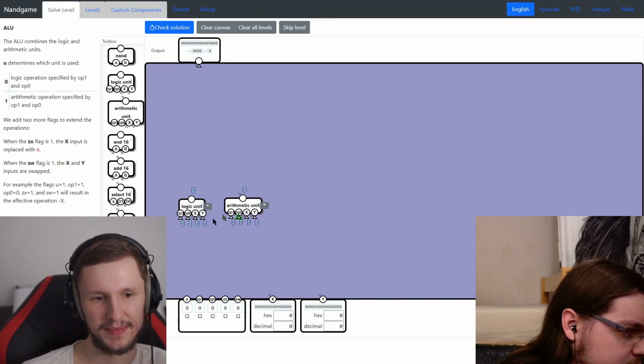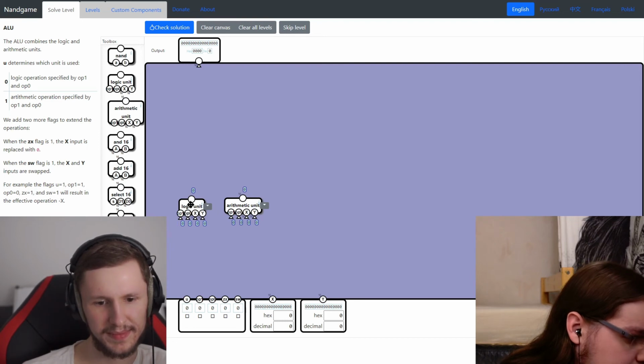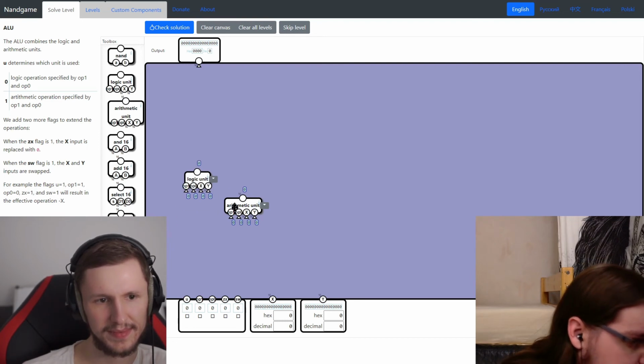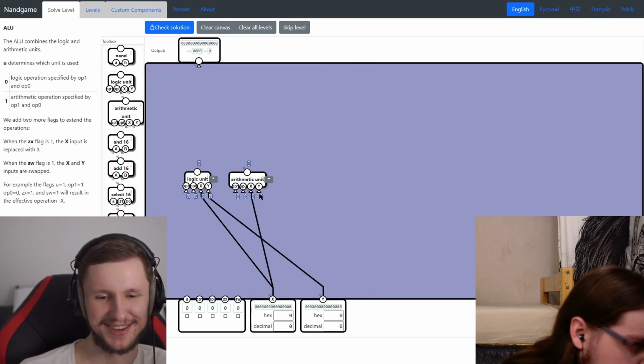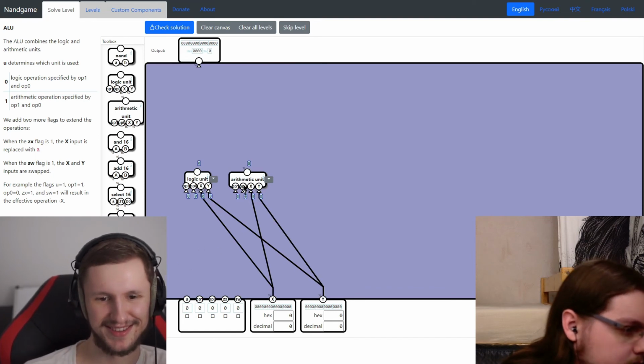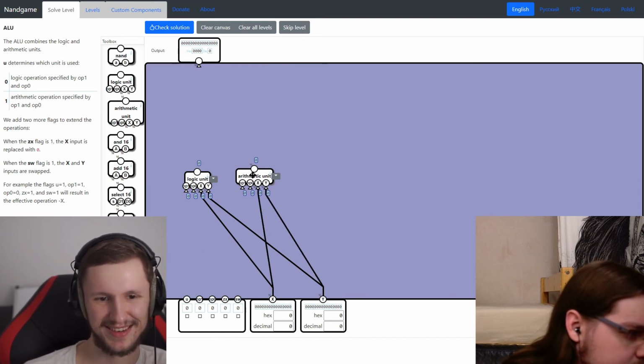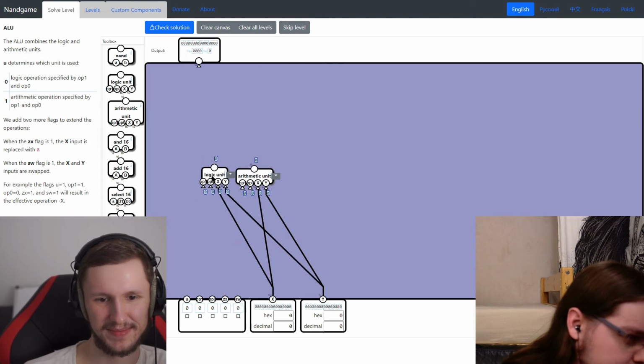U determines which is used. And then Y. Connecting these things is just pain. And then the opcode should, I guess, be passed through as well.